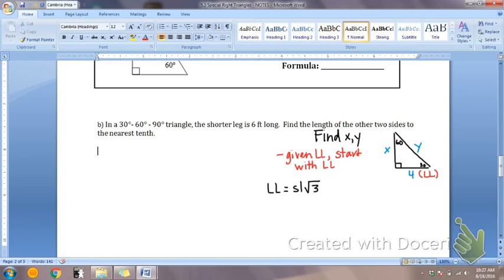Okay, so if my long leg is 4, I'm going to plug that into my equation. My short leg, we said, was x, radical 3.